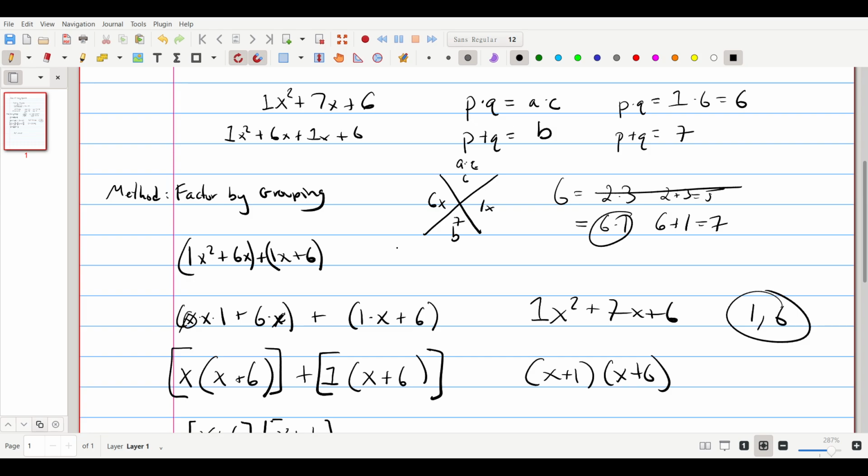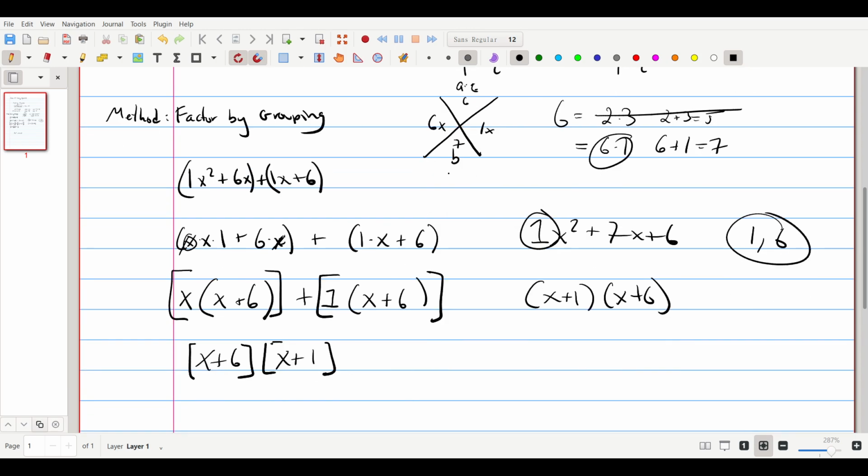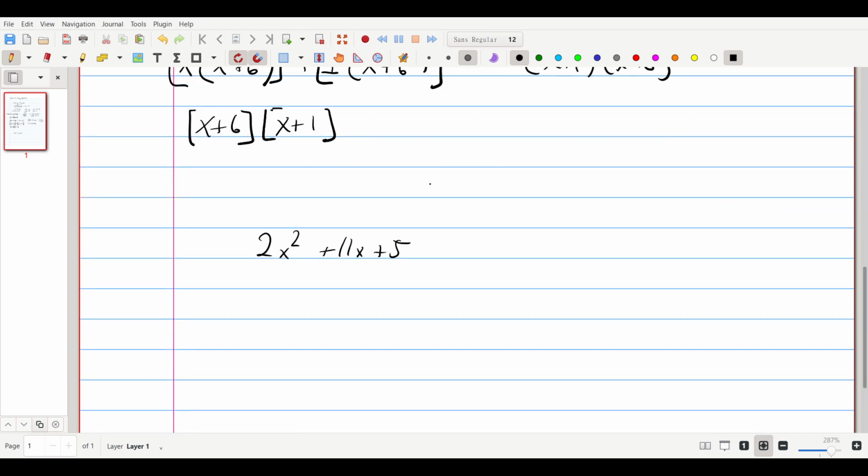And so you don't have to go through all of this factor by grouping nonsense if and only if this term is 1. So if there's another number in front of the x squared, you can't just write the p and q. All right, so this is only a shortcut if this number is 1. So in this case, you'll see that this number here is 2, so we're not going to be able to use that shortcut here.